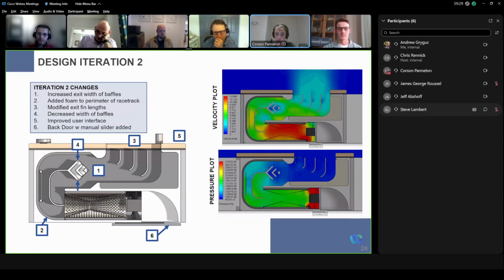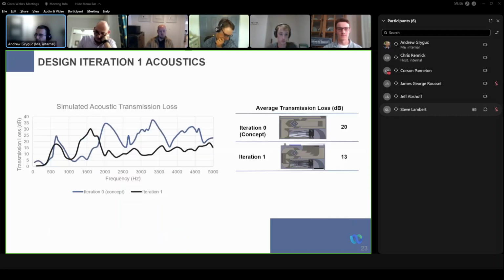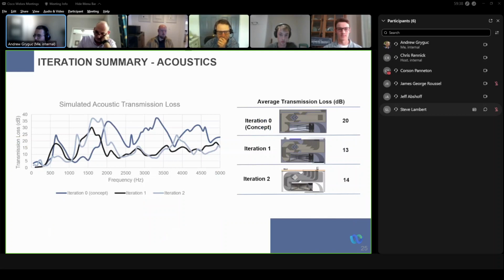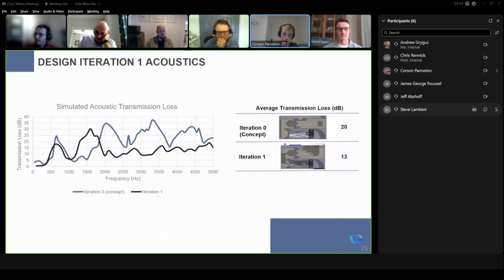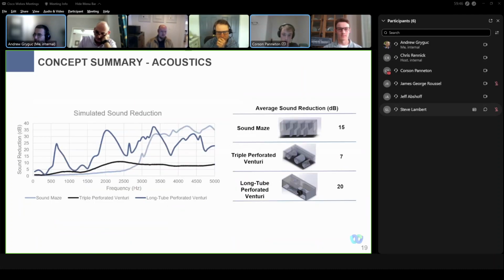I have a quick question. If you can go to the slide where you had the frequency spectrum for all three designs. There were these three iterations, or would you like the three different designs? Yeah, so it seems like your first sound maze kind of just truncates the low frequency sound, which is what you expect, because there's a characteristic length from those vertical baffles that you're getting in the flow pattern.